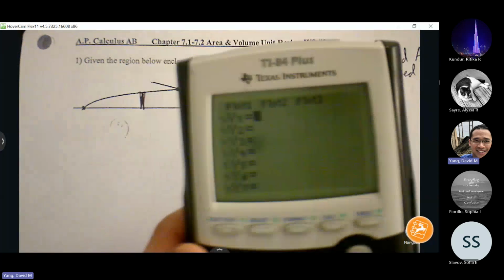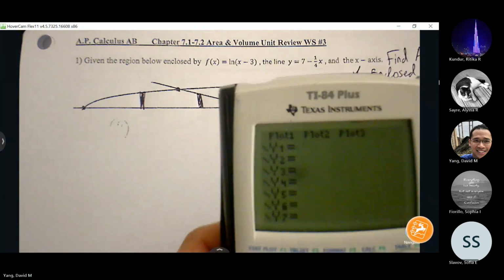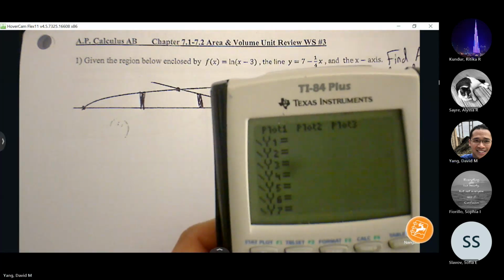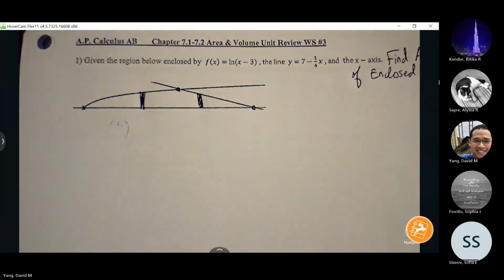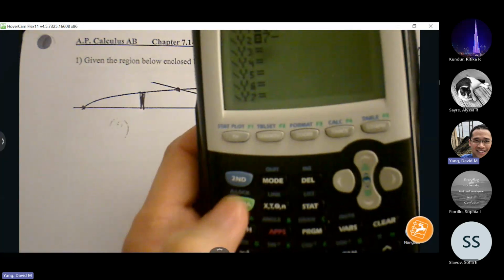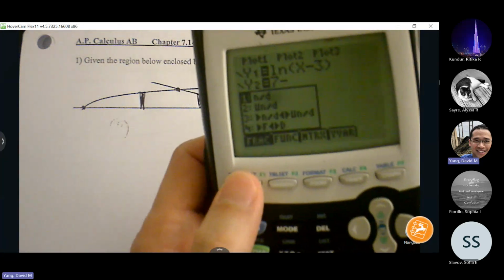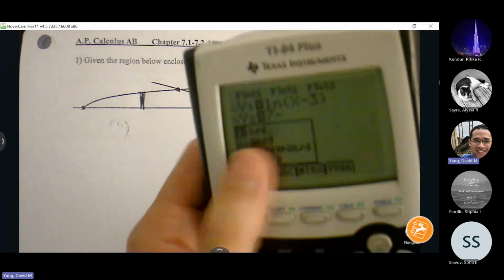So y1, natural log of x minus 3. Y2, seven minus 1/4 x. If you do alpha y equal, you get that n over d.